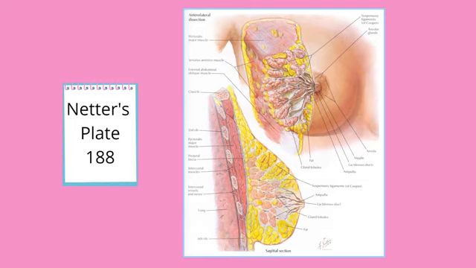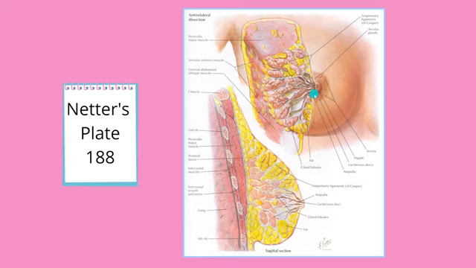Each breast has lobules. Here we see all the lobules, and these lobules radiate from the nipple, which is well visualized here. These are the glandular tissue of the breast, so the glands. The main duct of each lobule is called the lactiferous duct, and each of the lobules has its own one that opens separately at the nipple.